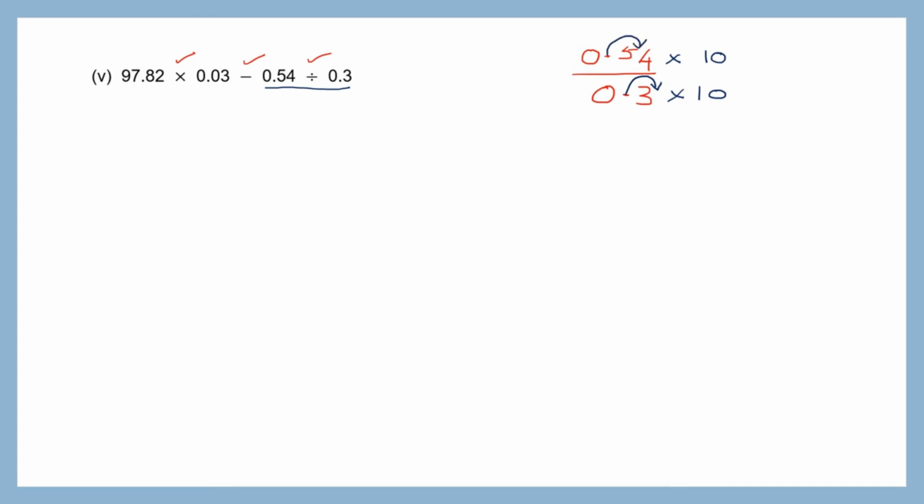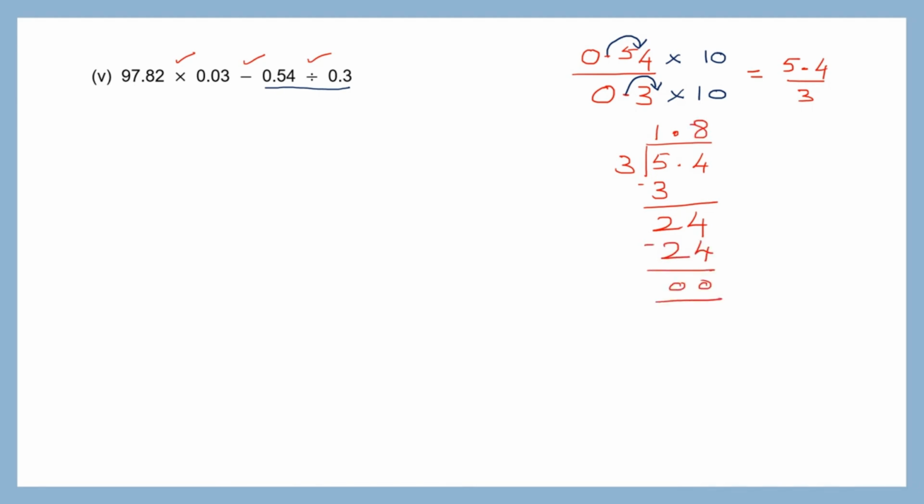So what do we get now? We get 5.4 divided by 3. So let's do that division. 5.4 divided by 3. 3 ones are 3, minus, 2, and I bring down 4. I carry this point on top. Now my number is 24. 3 eights are 24, minus.